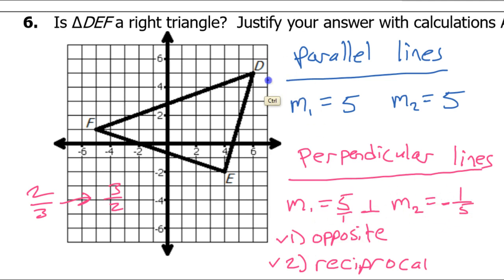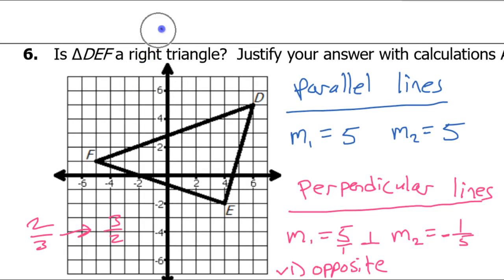Now, what does this have to do with proving that a triangle is a right triangle? Well, if you have a right triangle, that means you have a 90-degree angle. And if you have a 90-degree angle, guess what? That means you have perpendicular lines.